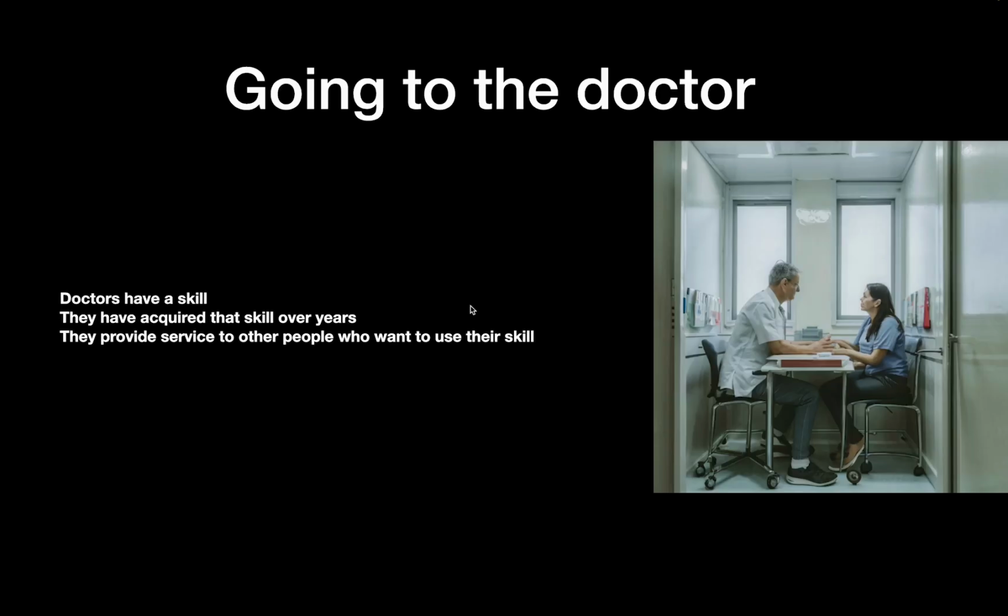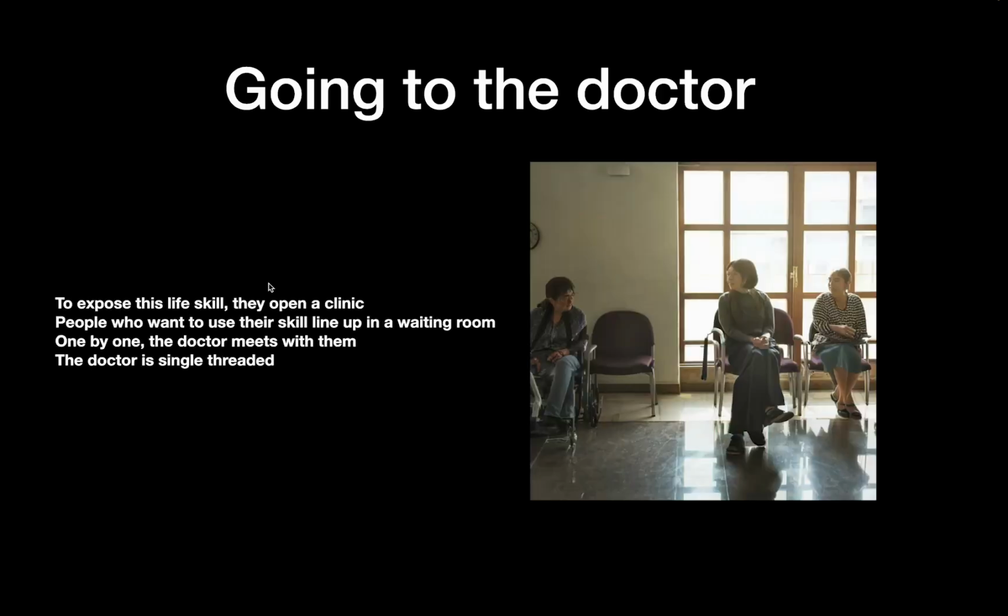If they want, they can stay back home and chill, not provide their services to anyone. But usually, mostly for money, they go into a hospital and get registered as a doctor, and then people come to them to get the services of the doctor to get themselves checked. To expose their life skill, they open a clinic or they are appointed as a doctor in a hospital.